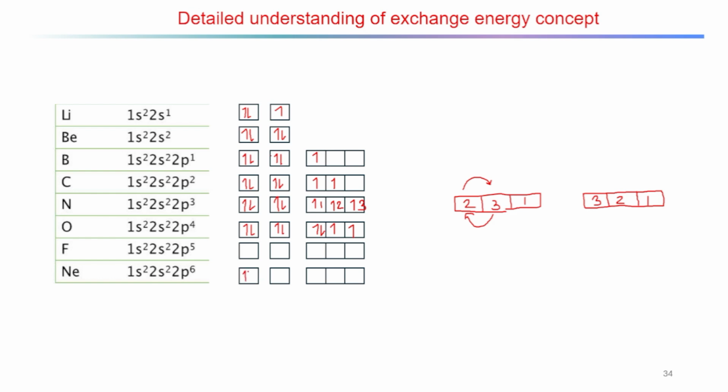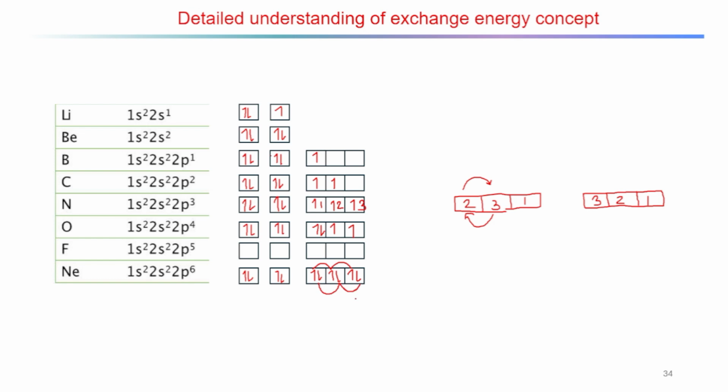If you see the electronic configuration of neon, that will be actually 2p1, 2p2, 2p3, then 2p4, 2p5 and 2p6. Now these 3 electrons which are having up spin, they can change their position, they can have exchange energy, and these 3 electrons which have down spin, they can change their position and they can have exchange energy.